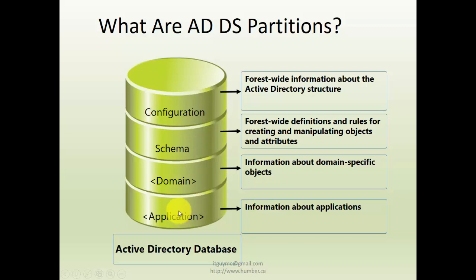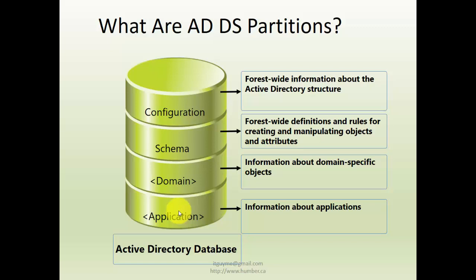Okay, application partition. That's where you can include information of applications. So Active Directory has to know which application is integrating with Active Directory. So in the application partition, it will have information about that application.